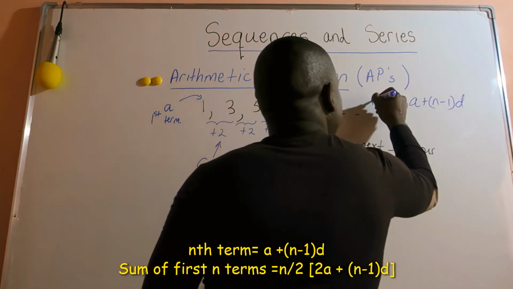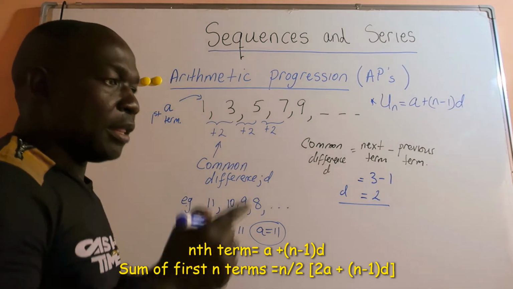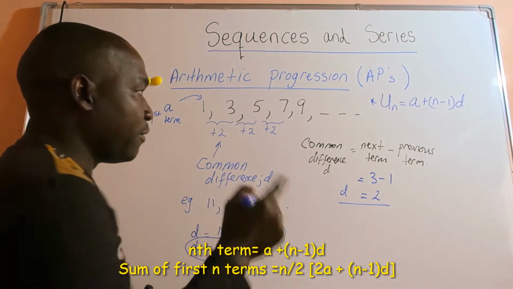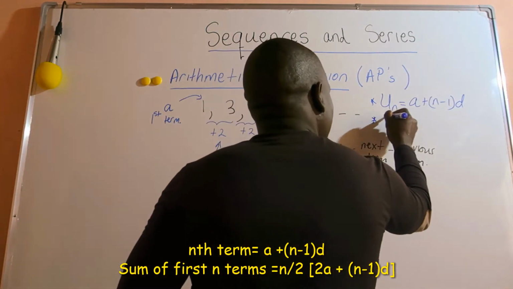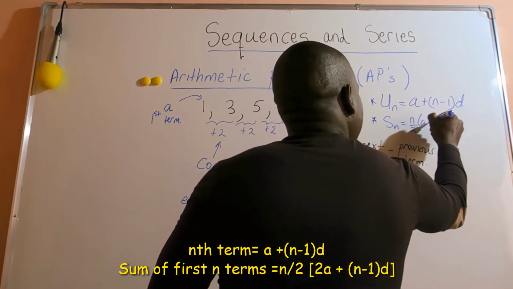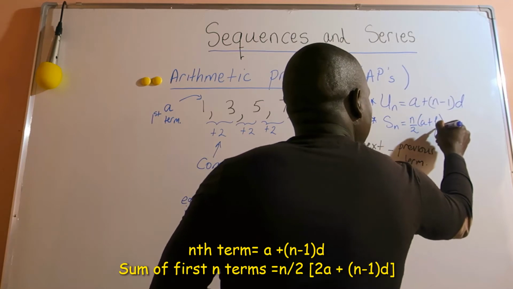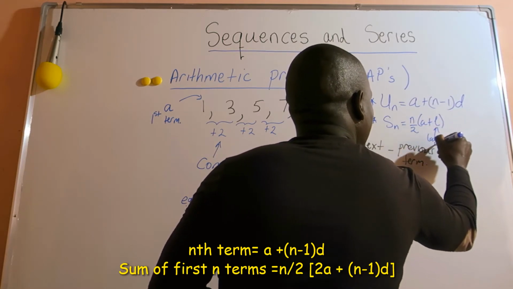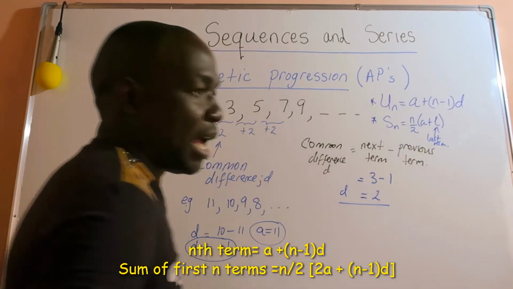The other important formula is for the sum of n terms: n over 2 (A plus L), where L is the last term, in case you have the last term.